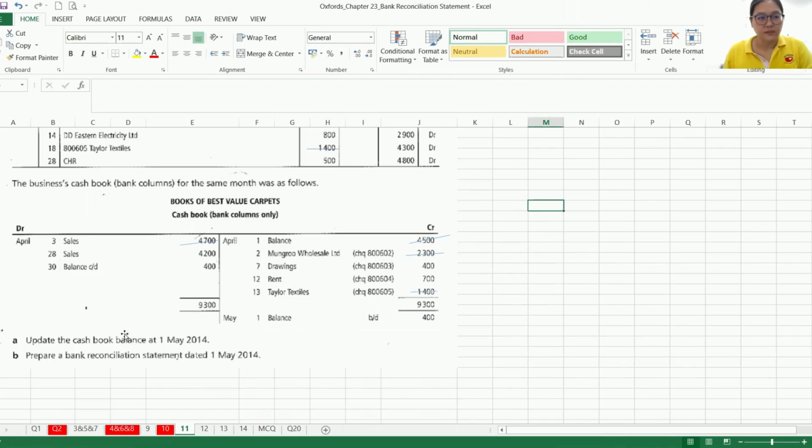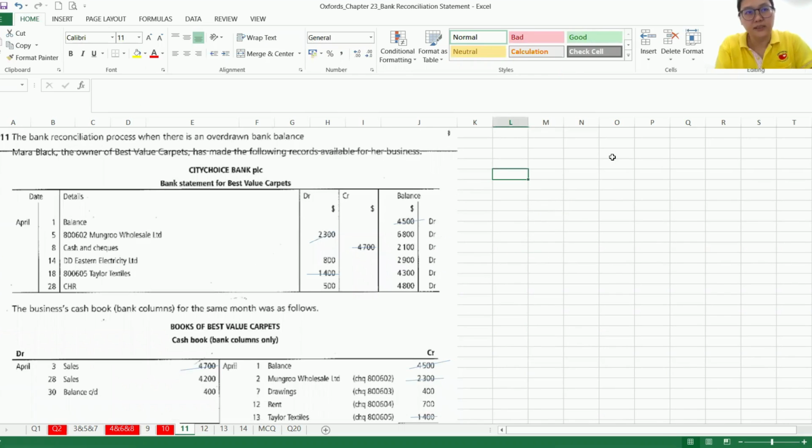Okay. Now debit still was not updated. Now here update the cash book balance. So we update the cash book balance. So the business name is the cash book. Okay, this cash book is for the bank column only. Bank account only.